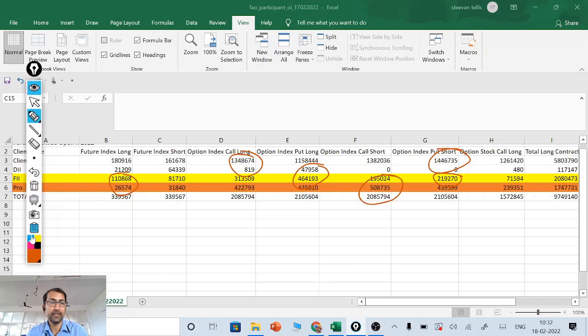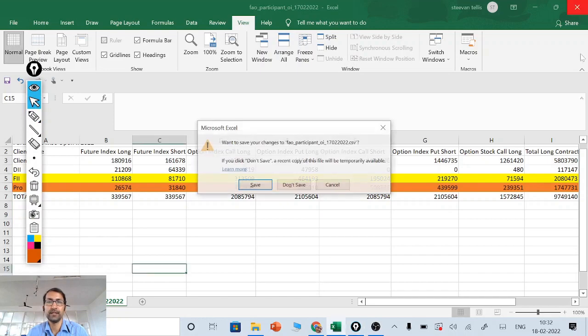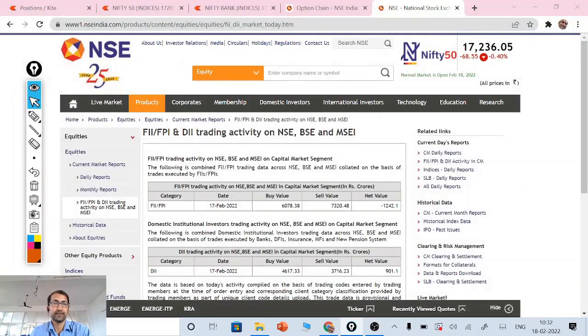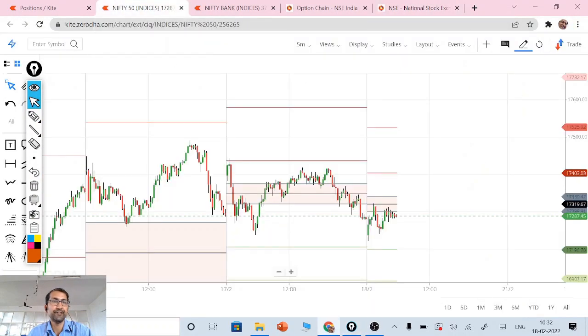Let me now come back to the chart. Let me come to the first Nifty chart. Right now Nifty is at around 17,089.